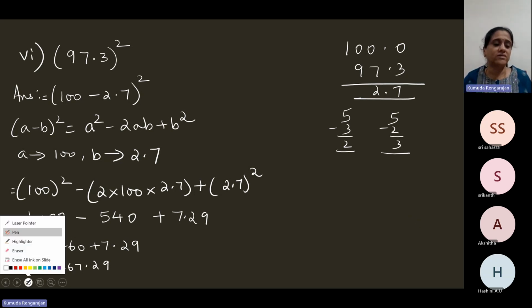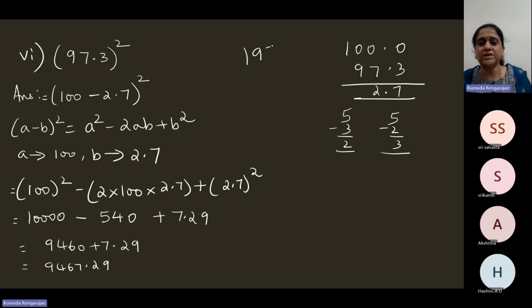You can get the answer whichever way you express it. But how quickly you are able to do it depends on using smaller numbers combined with numbers ending with 0. So you're talking about 197?